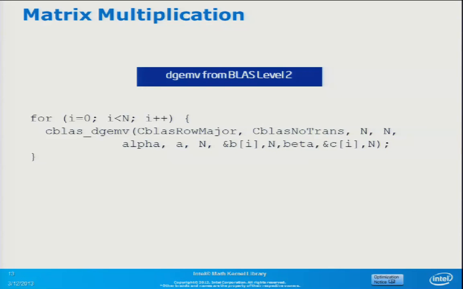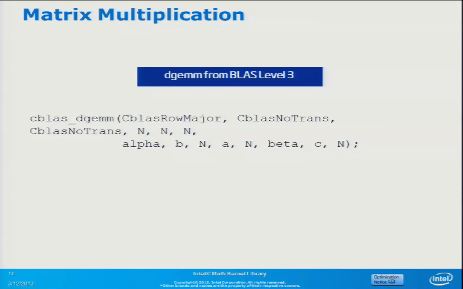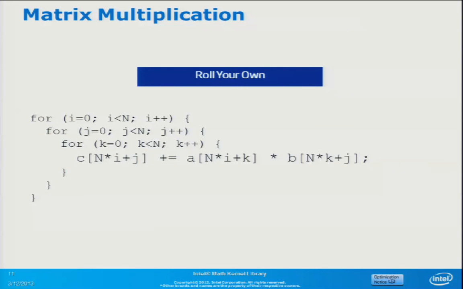Then from the BLAS level 2, you can wrap that further back into matrix vector multiplications. And then you basically have n many matrix vector multiplications. Or if you just do away with everything, you just have the function dgemm, which does the whole thing. So this is essentially what dgemm does.